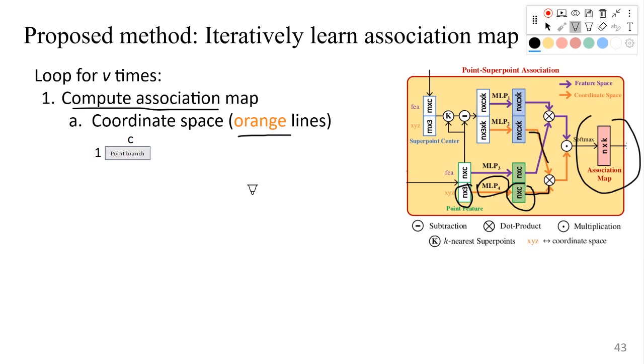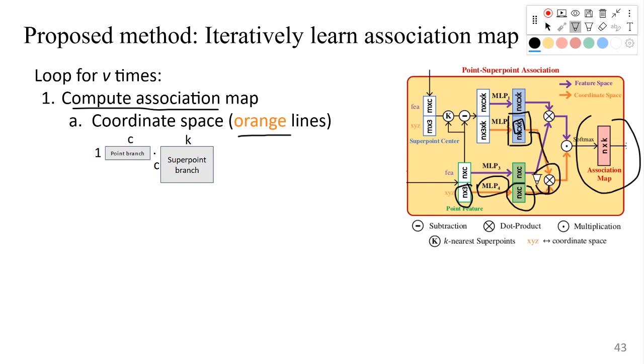So this is N points, I just draw one point. And then the corresponding superpoint center features are here. I also take one of the N here. So the dimension is C and K.